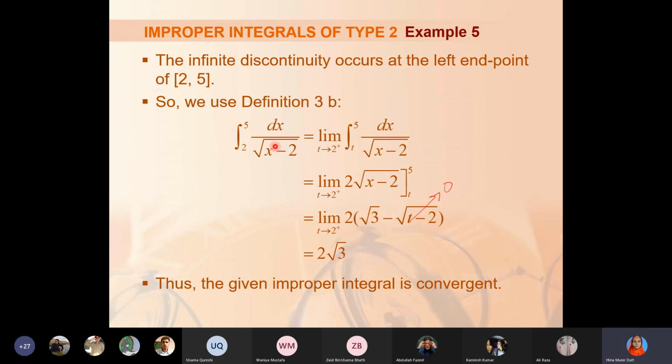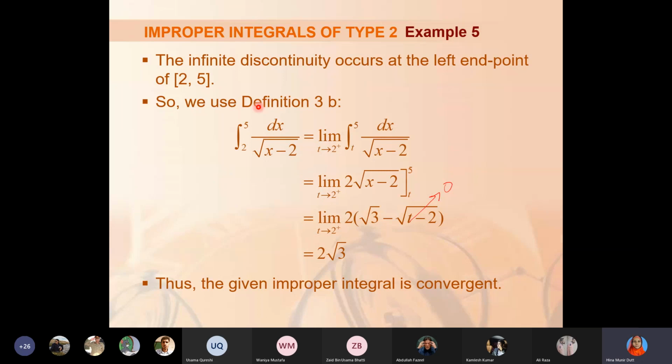So it means the limit of this integral exists. The area under this curve is finite, or this integral is convergent. These three statements are equivalent. What are these three statements? The limit of this integral exists because it is not infinite. The area under this curve is finite.